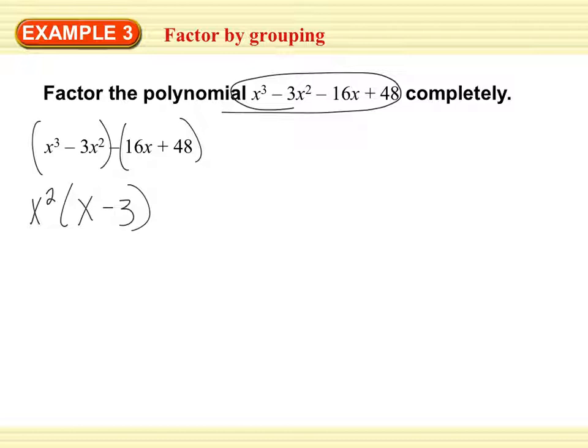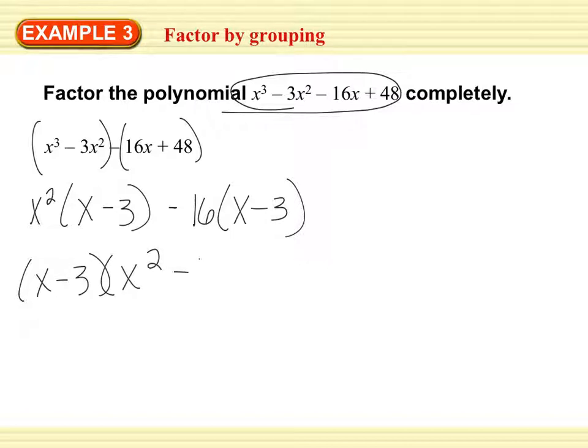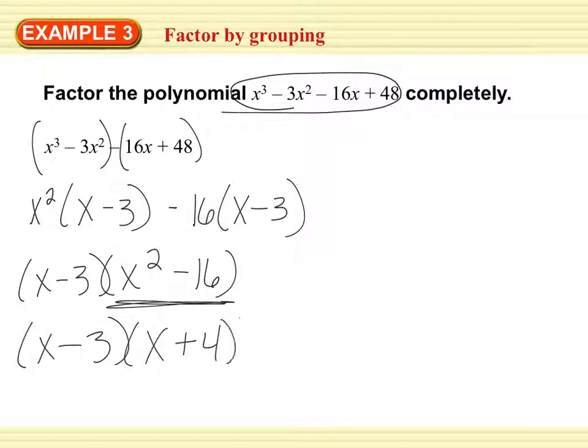And for the next one it is negative, because we always take out that negative, and 16 is common, and x minus 3 is left. Factor out your common binomial, and then you look to see if there's anything else to do. Here I have the difference of perfect squares left. So I can factor that, hopefully easy, x plus 4, x minus 4.